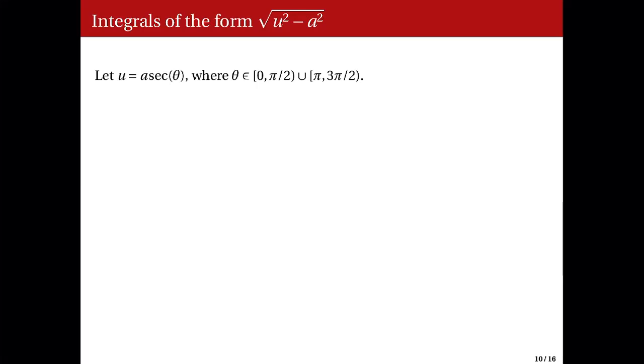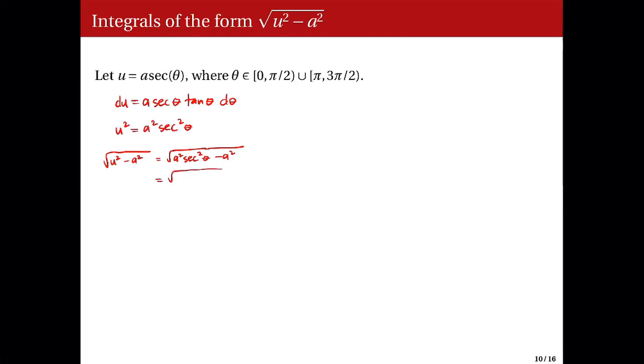Why? Well, let's start with the du first. Du is equal to a secant theta tangent theta d theta. Now, u squared is equal to a squared secant squared theta. And if we look at the square root of u squared minus a squared, this will be equal to the square root of a squared secant squared theta minus a squared.